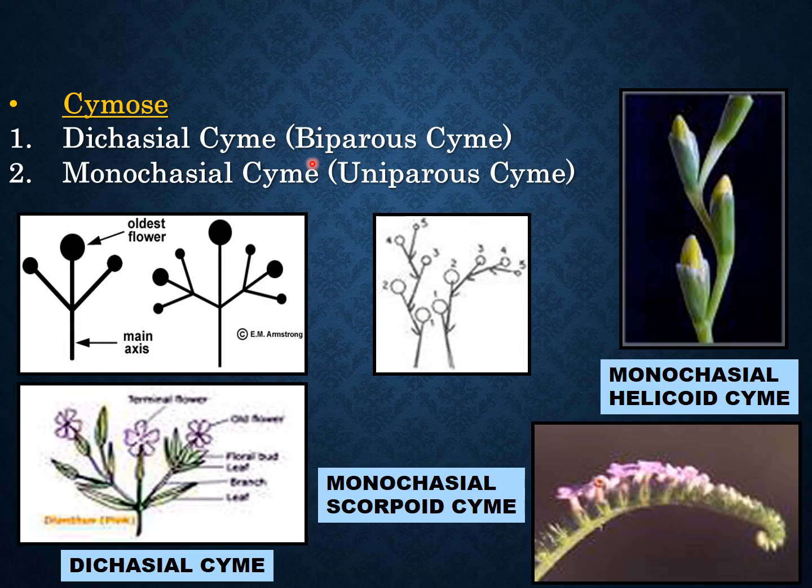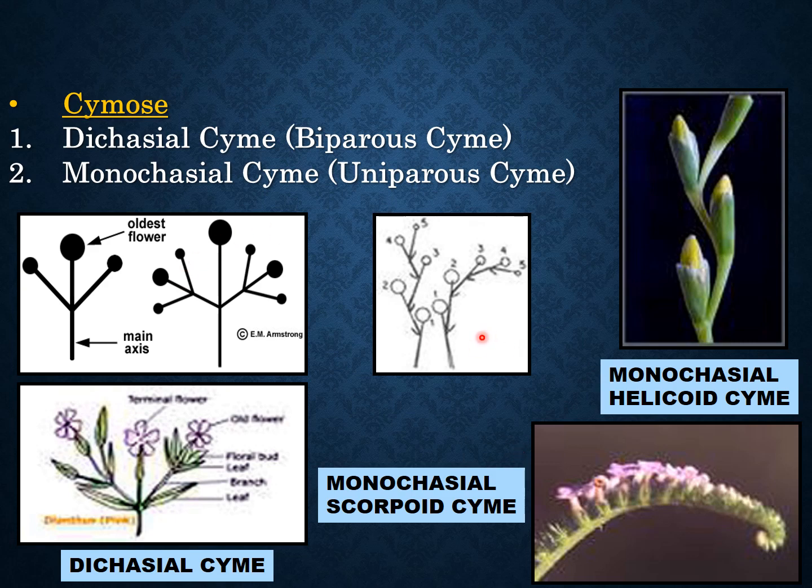In cymose inflorescence, the older flowers occupy the central position and the younger flowers are on the sides, on both sides or on either one side of the flower. The type of cymose inflorescence in which younger flowers arise from both sides of the older flowers is called dichasial cyme or the dichasium.